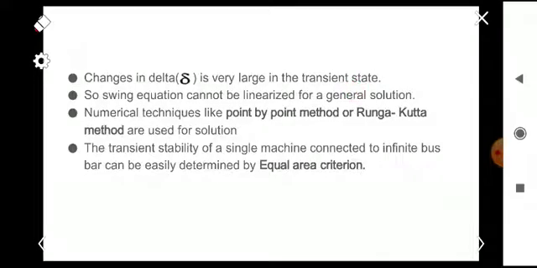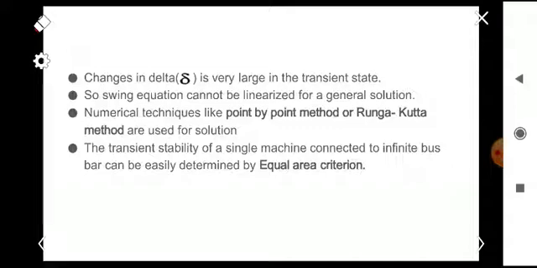We know that the value of delta, that is the torque angle, is the angle between the axis of the synchronously rotating reference frame and the rotor axis. So for a sudden change, the change in delta will be very large.